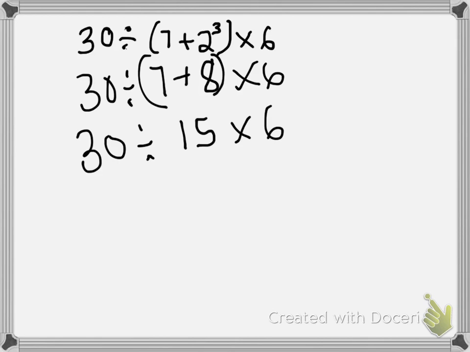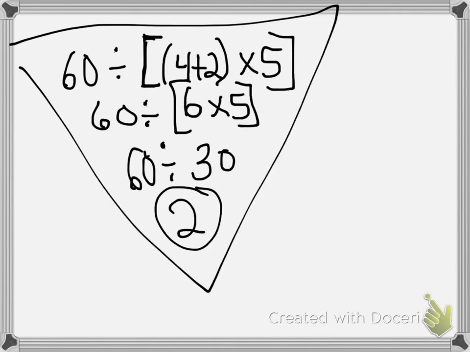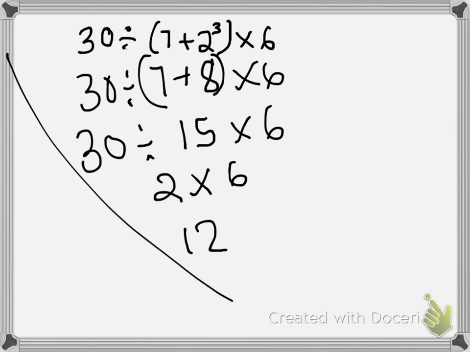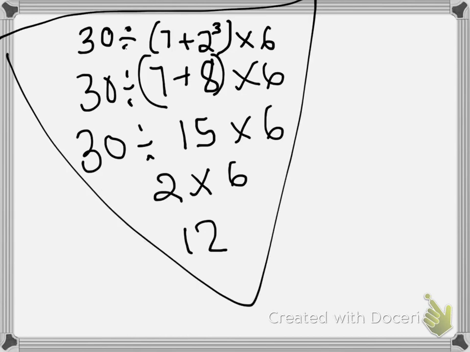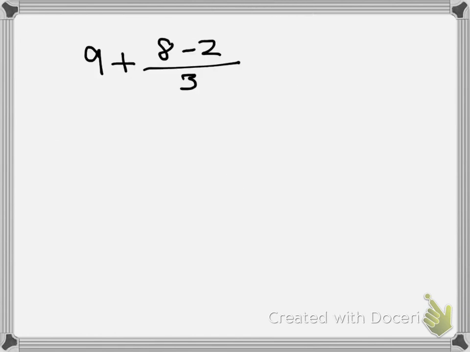So 30 divided by 15 is 2, and then times the 6 gives me 12 as my final answer. Oops, I went backwards. Here we go. Here is my pizza with my pepperoni answer. All right, and let's do our next example.